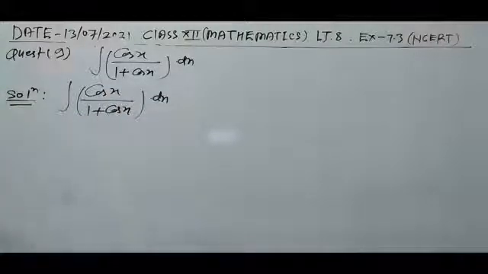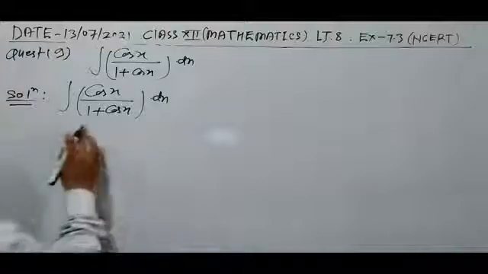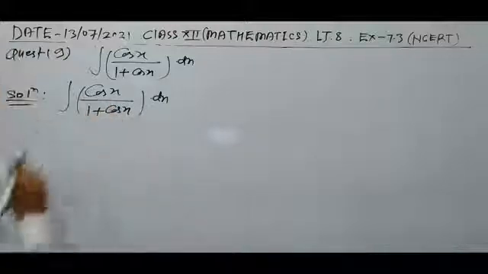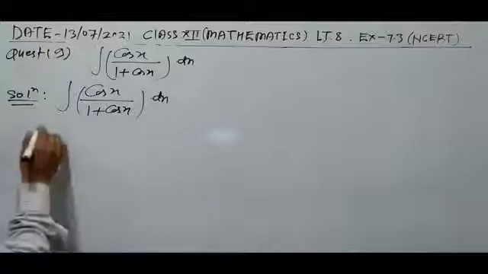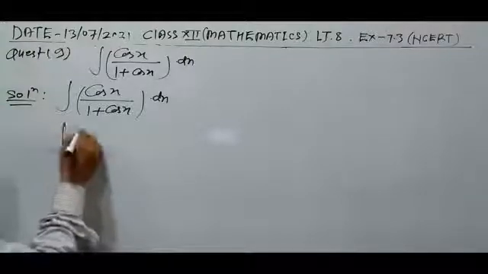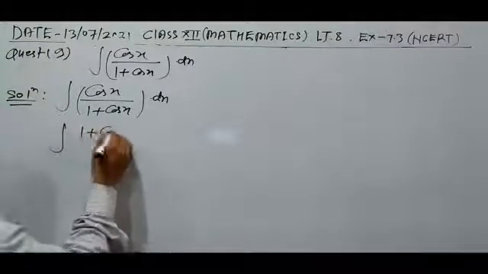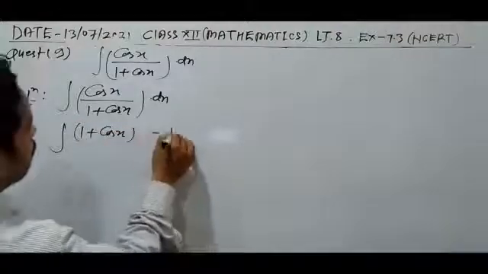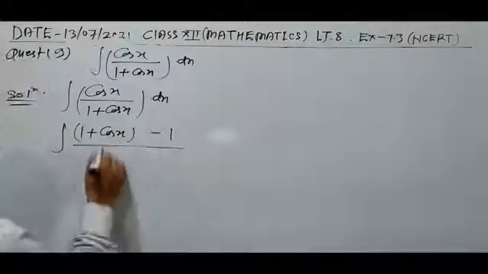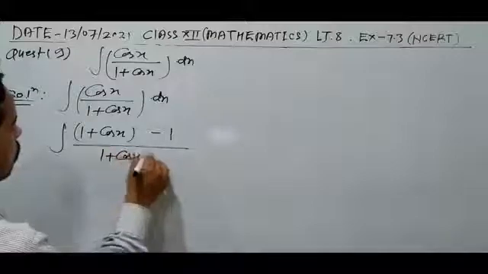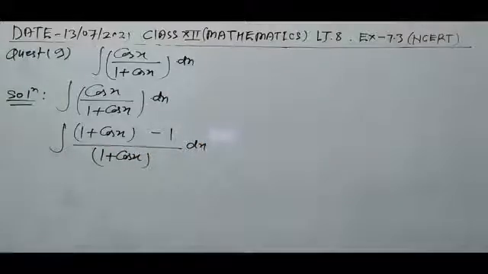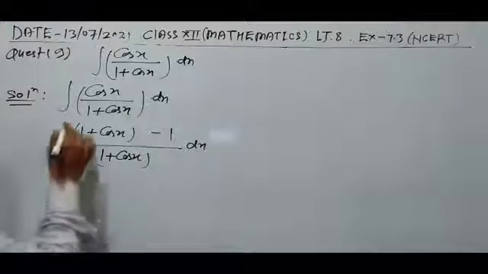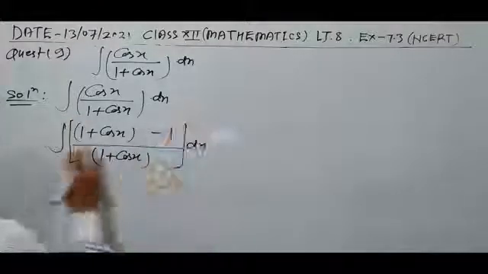First of all, you have to change the numerator. So how can you change it? Suppose we add plus 1 and minus 1 in the numerator. So now this integration will convert into two parts.